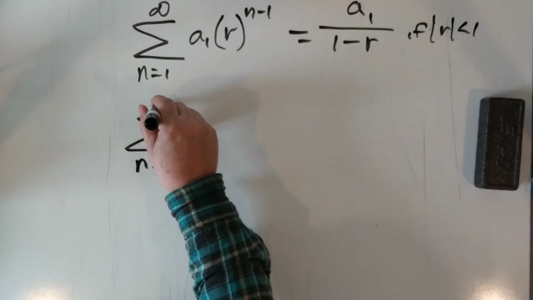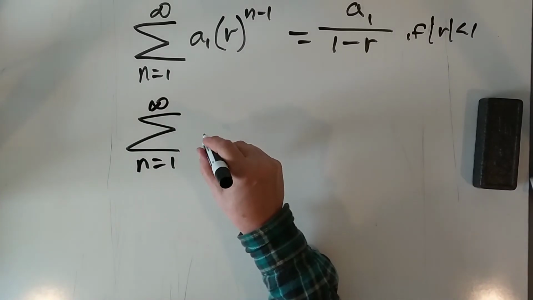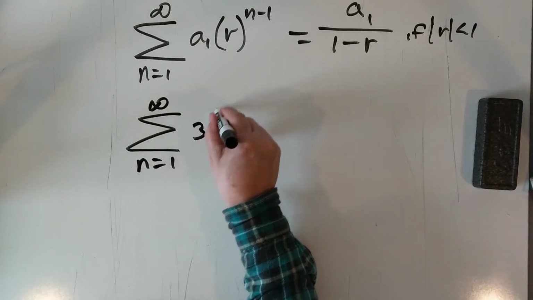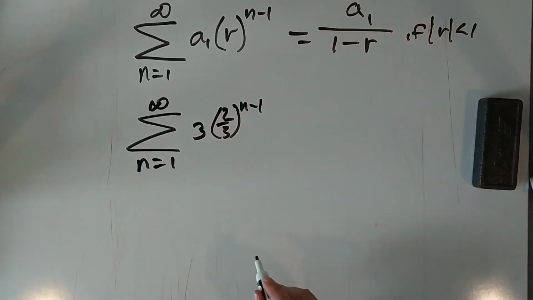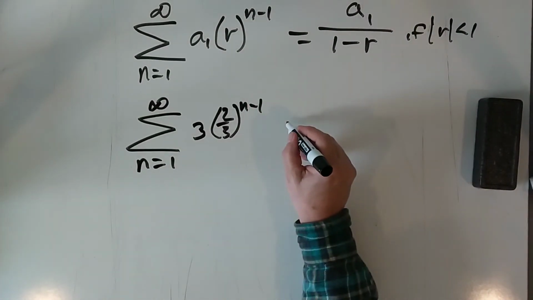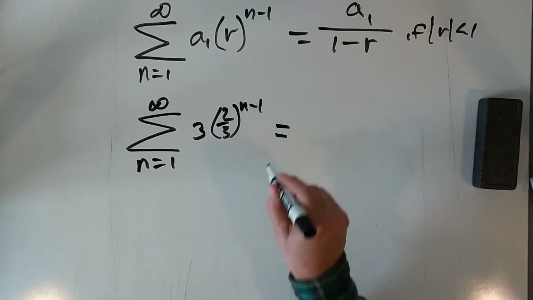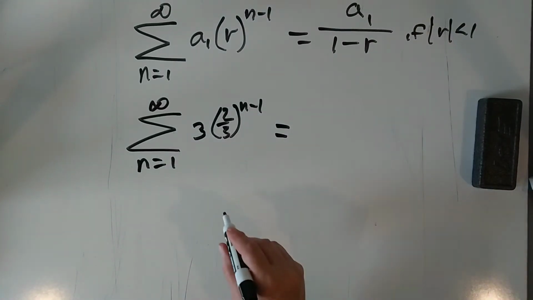The sum from n equals 1 to infinity of 3 times 2/3 to the n minus 1 power. All right, well, now we have to find the first term.